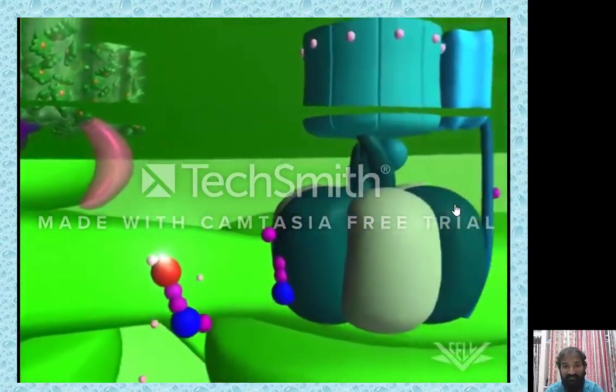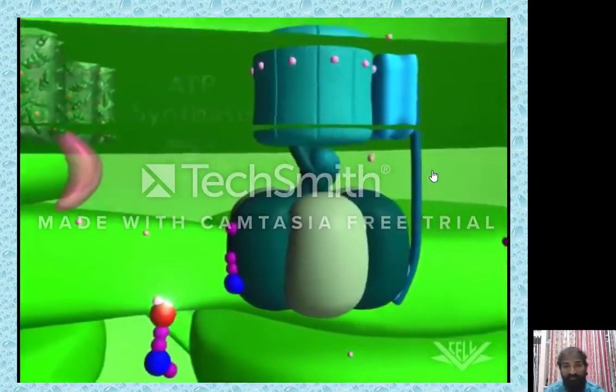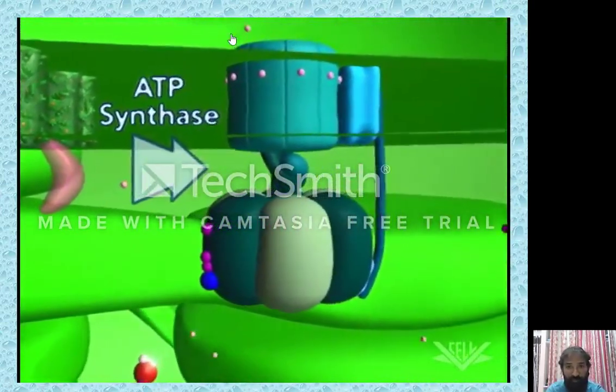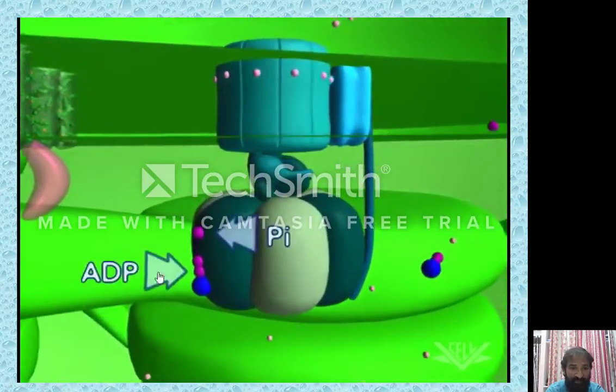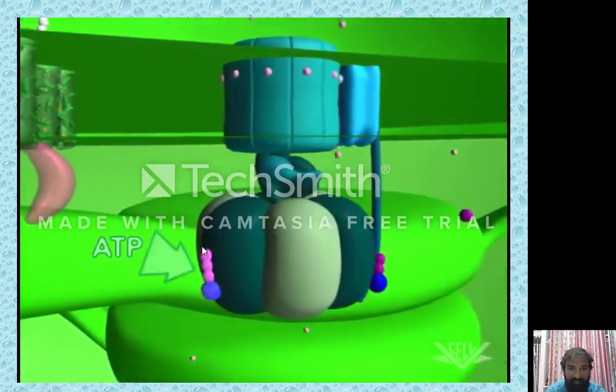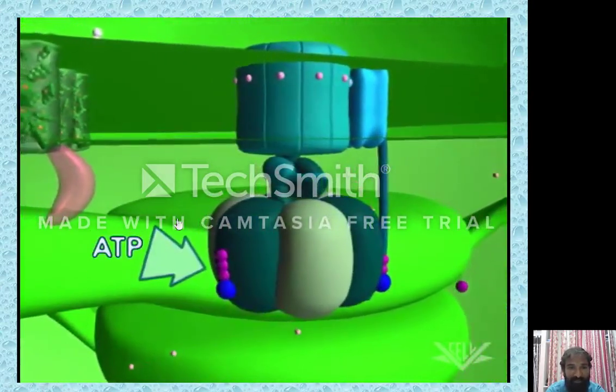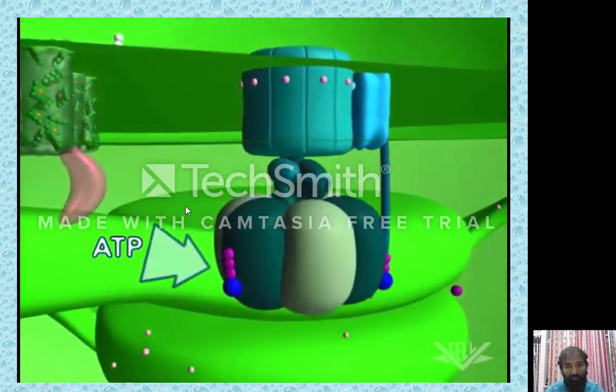Coming to the next factor, the ATP synthase factor. The protons which enter the lumen move through a channel, and finally ADP plus Pi form ATP.